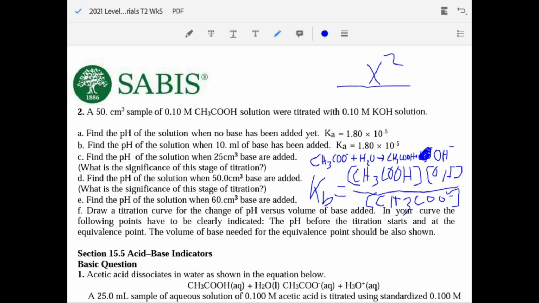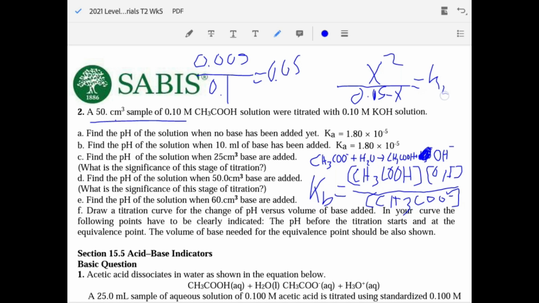And then this, you need to calculate CH3COO minus. Well, all of this reacts, so it's simply 0.50 times 0.1, which is 5 millimoles, so 0.05, over 50 plus 50, 100, which is 0.1. So now this is 0.05. So x squared over 0.05 minus x equals Kb, where it's equal to Kw over Ka. That's messy, but yeah.